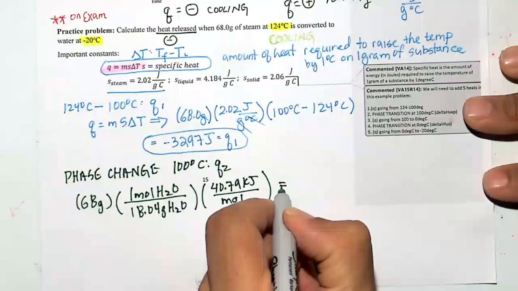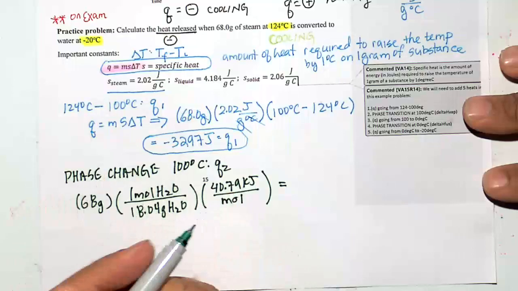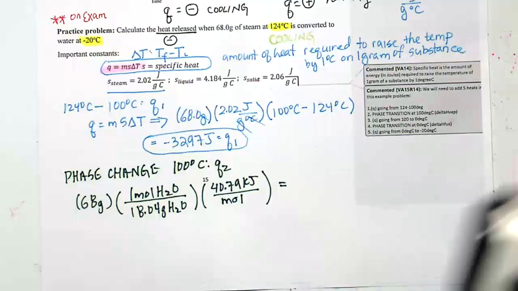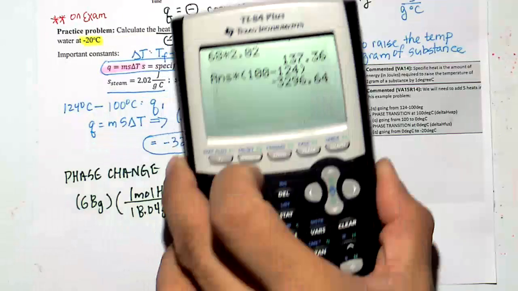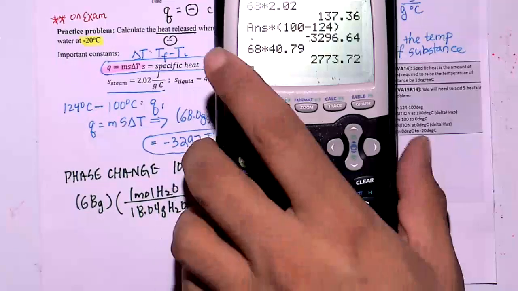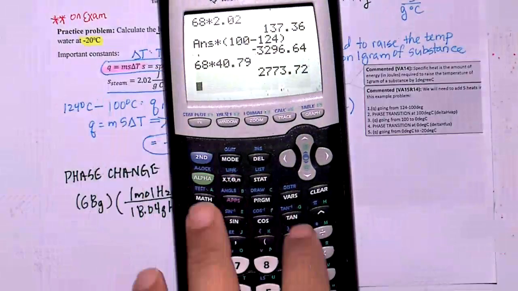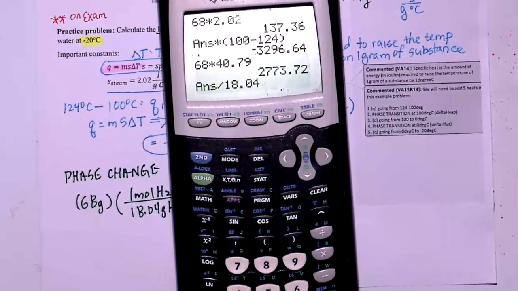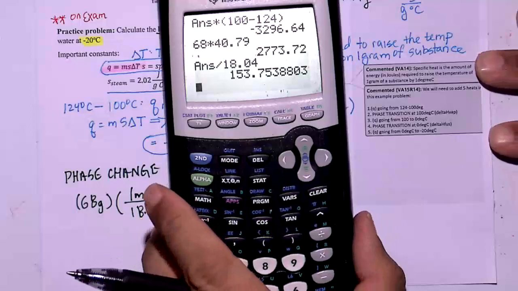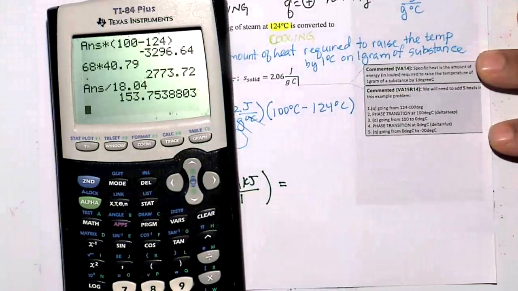Let's just do this here. 68 times 40.79, divided by 18.04. I'm getting about 153.75 kilojoules, so 153.8 we'll say.